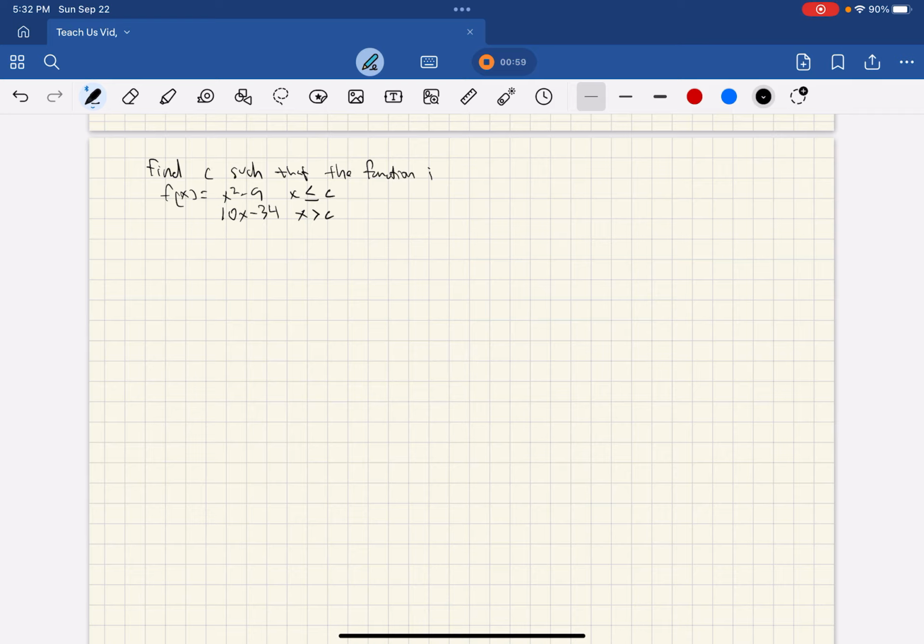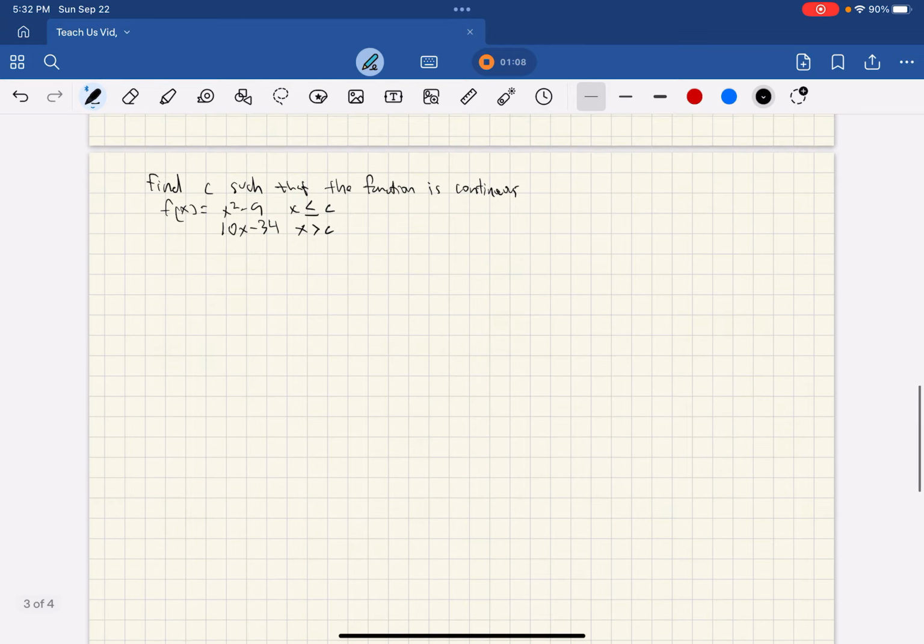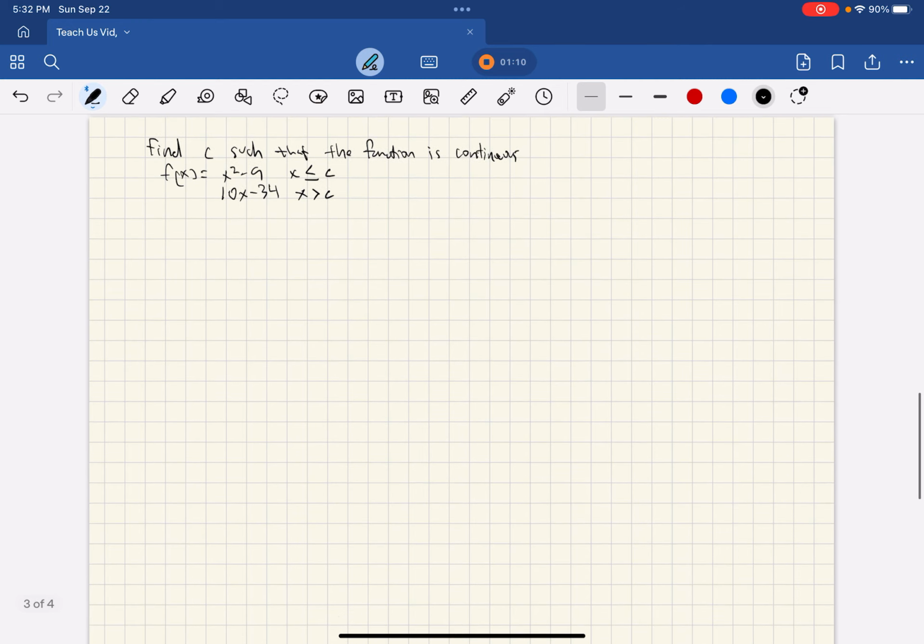We want to make this function continuous, so we're going to have to find c somehow.